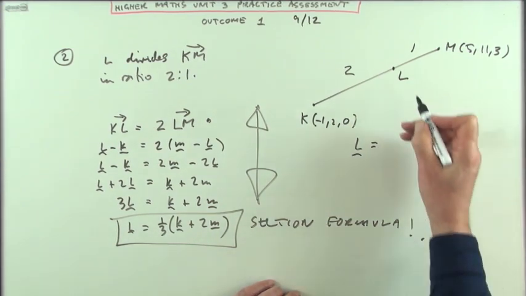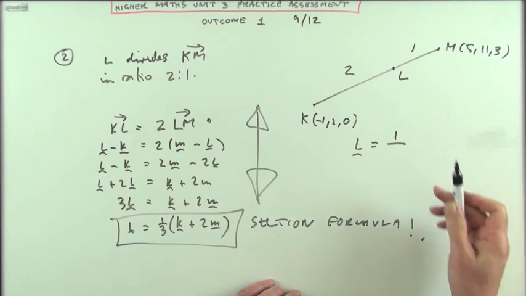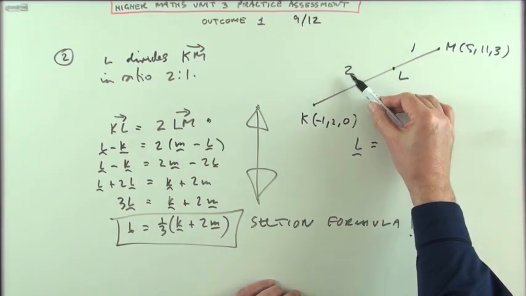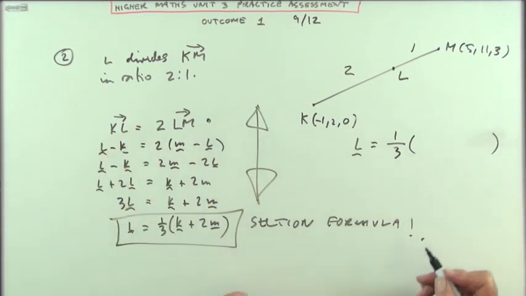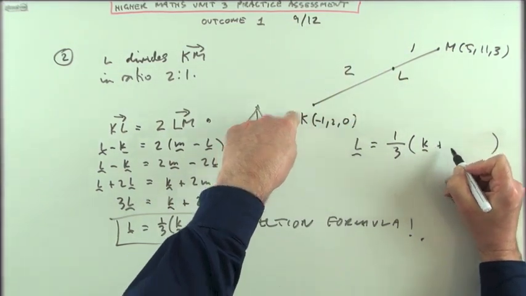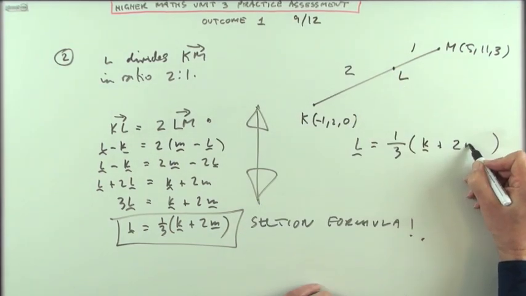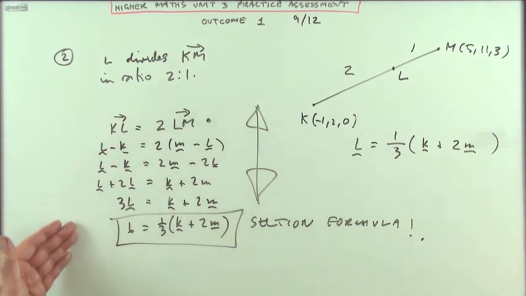L equals, that's the position of this point of division, would be 1 over the sum of the parts, that's 2 parts and 1 part is 3 parts, times, and then with the same reasoning as that, it would be 1 lot of K plus 2 lots of M. Section formula, instead of all of this.